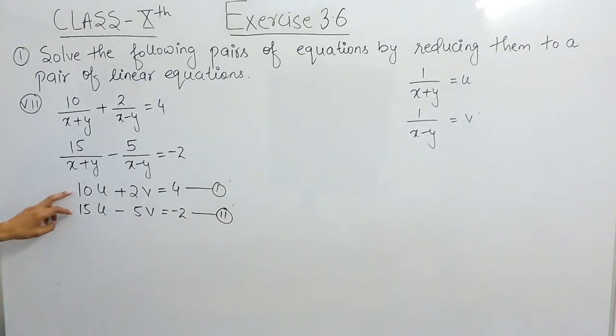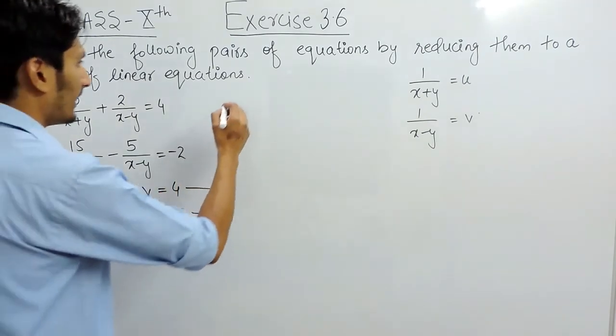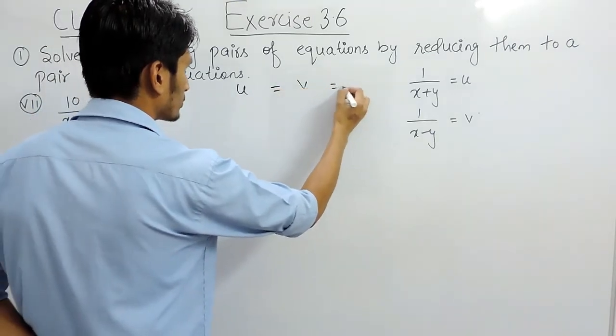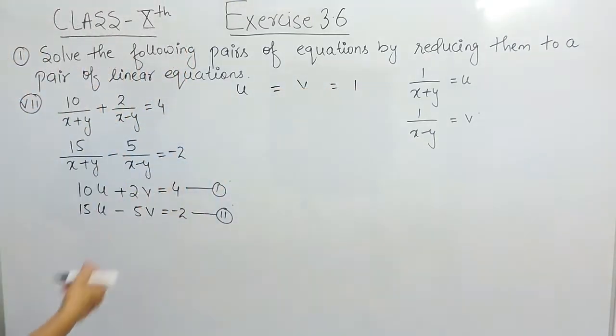Now you have to solve them to get the values of the variables x and y, and for that you can use any of the methods. Let's use the cross multiplication method. For that you have to write it as u by something equals v by something equals 1 by something. For that, change the equations into standard form.